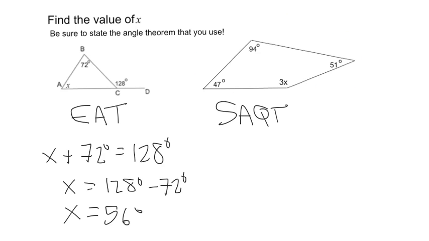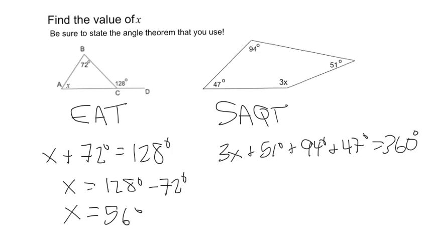So we can write 3x plus 51 degrees plus 94 degrees plus 47 degrees equals 360 degrees. Okay? If I subtract all of the angles on the left side from 360 degrees, I get 168.